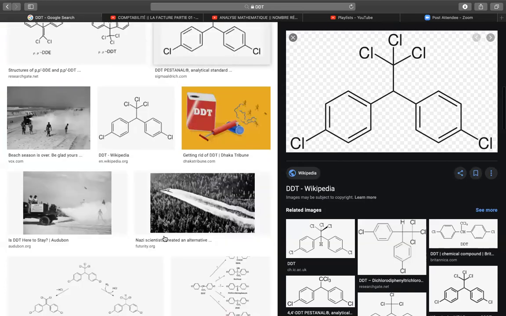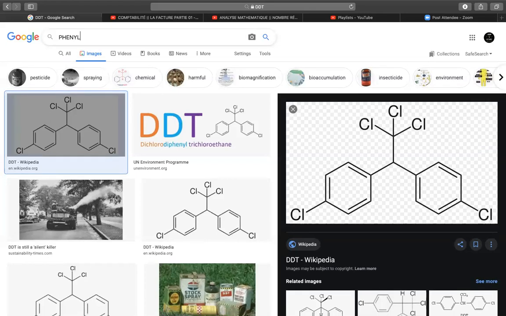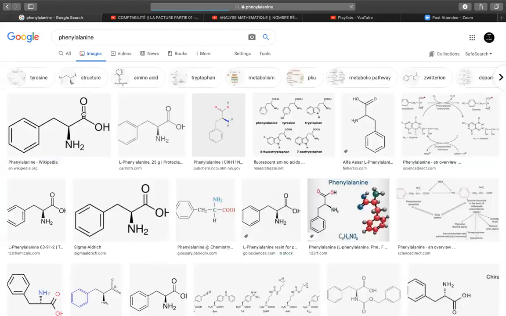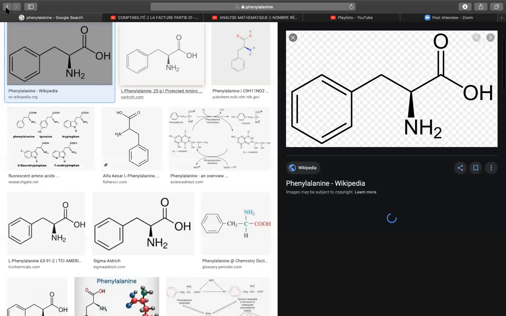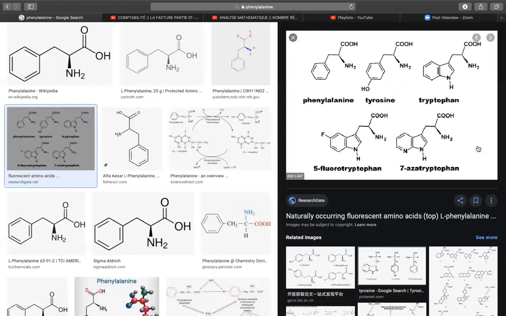Let me look for phenylalanine. Okay, phenylalanine is a phenyl. Here, this image shows the 3 amino acids that are aromatic.